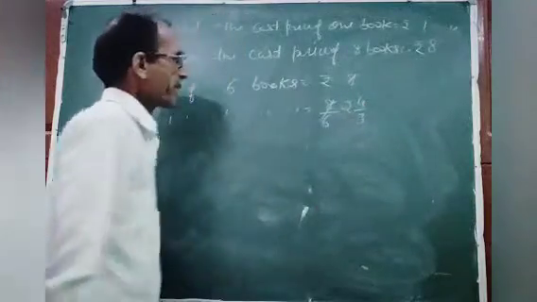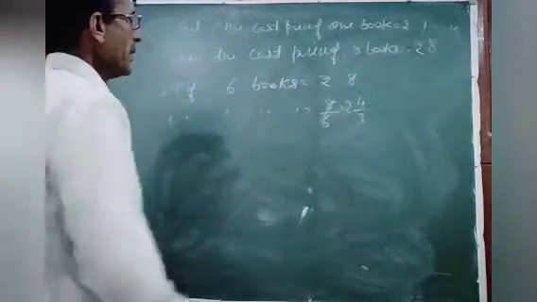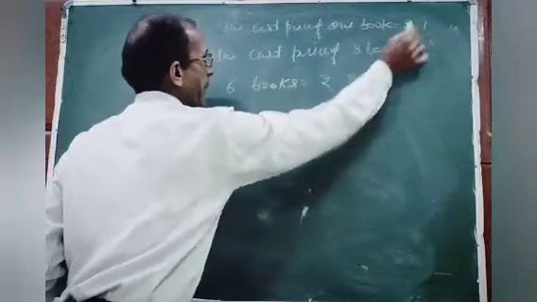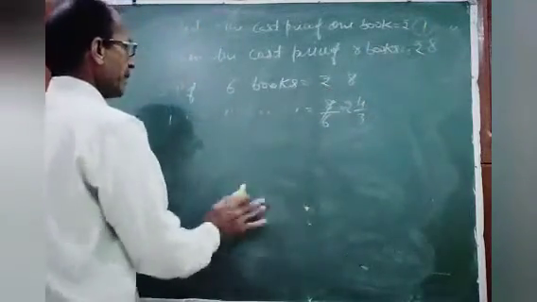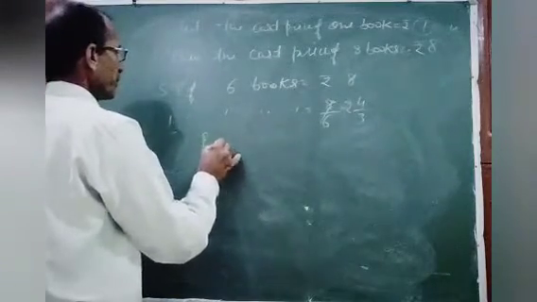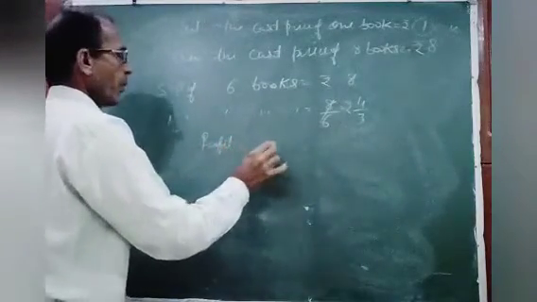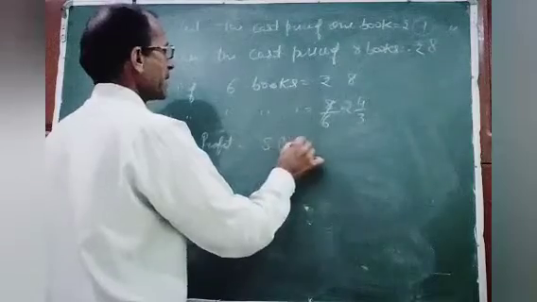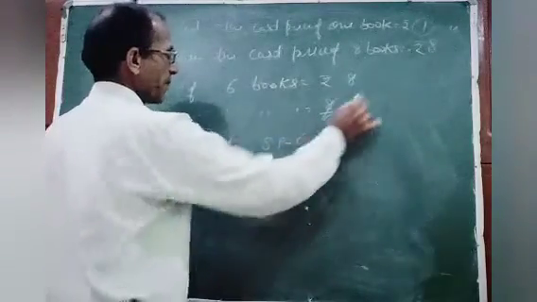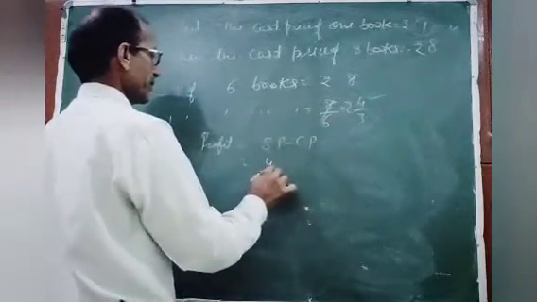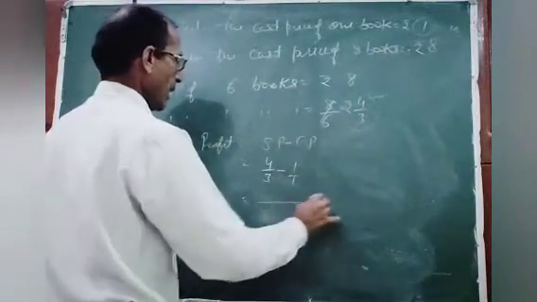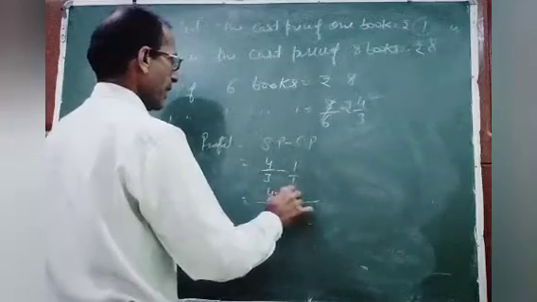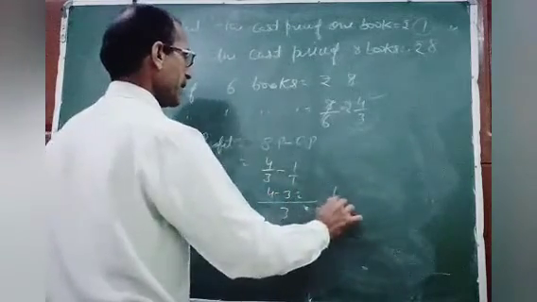The selling price is 4 by 3 rupees. Now the cost price of one book is 1 rupee and the selling price is rupees 4 by 3. So profit is SP minus CP. What is SP? 4 by 3. What is CP? 1. So LCM is 3. So 4 minus 3, so 1 by 3.